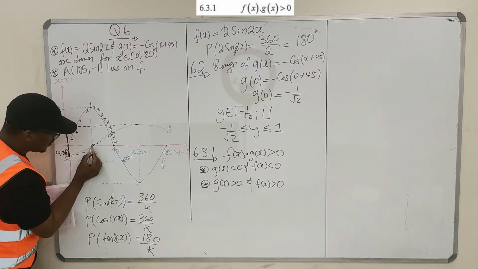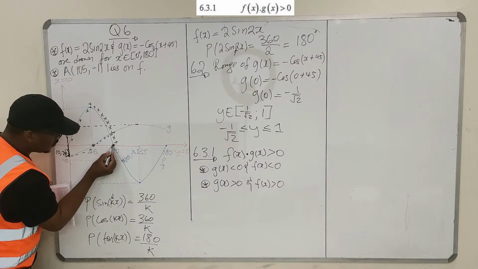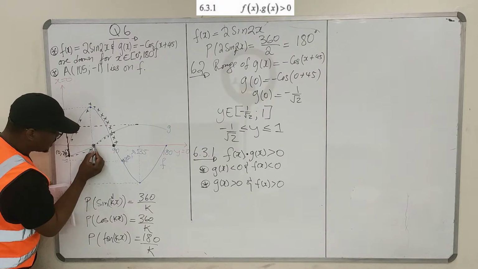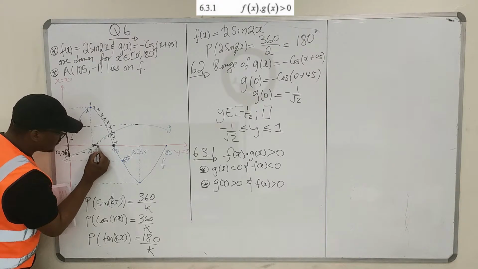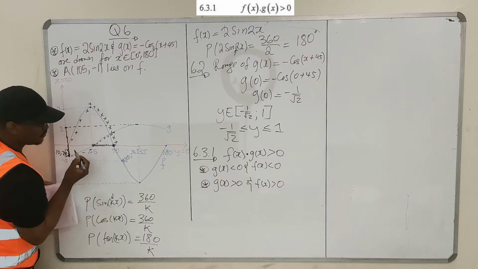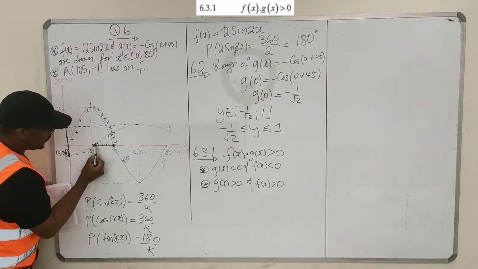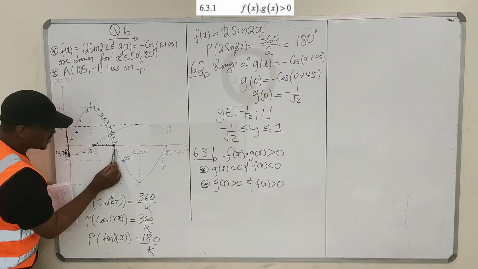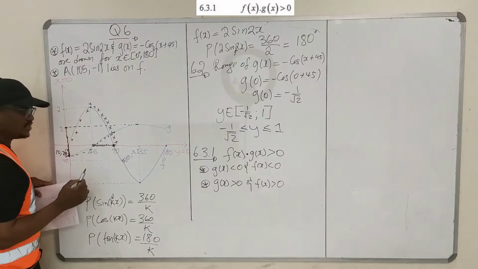So the product of these two functions is positive after this point and before that one. So it's positive on this interval here, because between 45 and 90 degrees, both of our functions are positive.